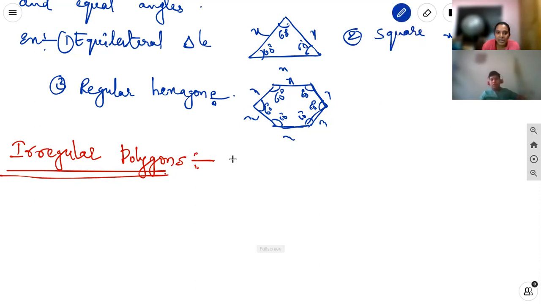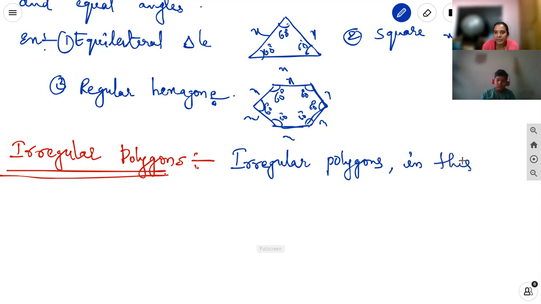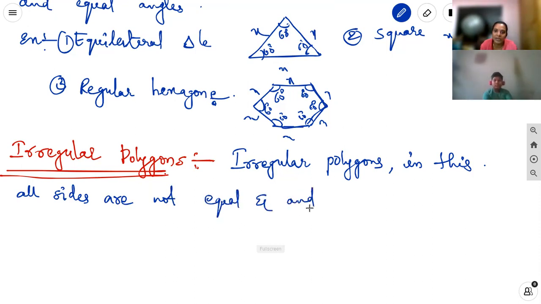In irregular polygons, all sides are not equal and all angles are not equal.